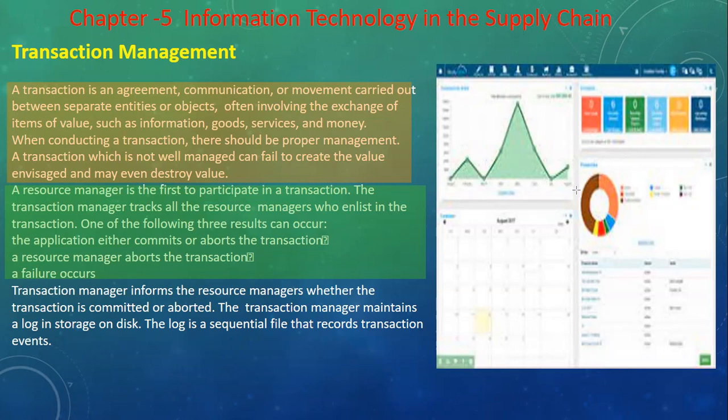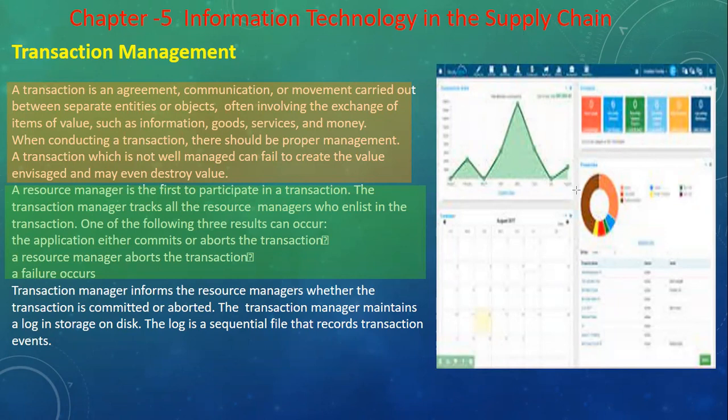The transaction manager tracks all the resource managers who are enlisted in the transaction. Once you receive the order, first you check whether inventory is available or not. If inventory is not available, this information is transferred to the production team to make goods ready for dispatch.